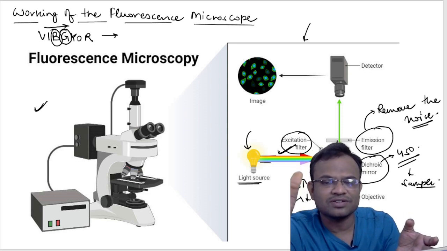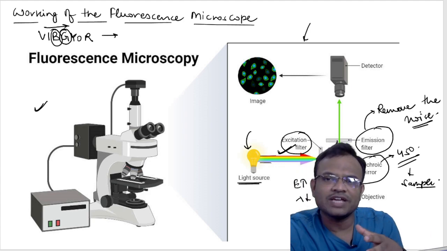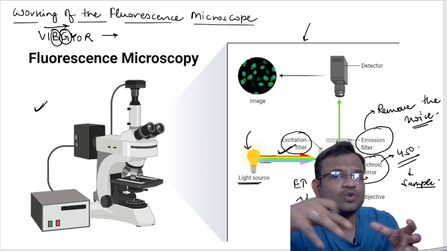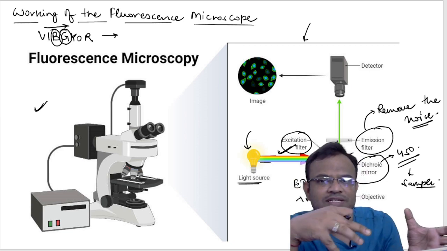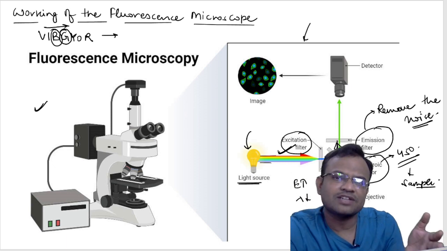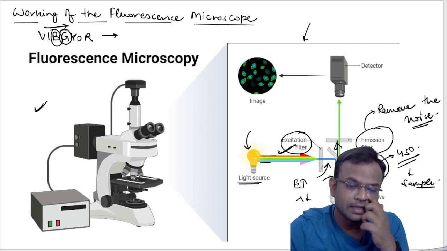No, nothing like that. By noise I mean that it would be removing any extra fluorescence that would be present over here. So any non-required or extra fluorescence would be removed by the emission filter, and then the light would be moving on to the detector.